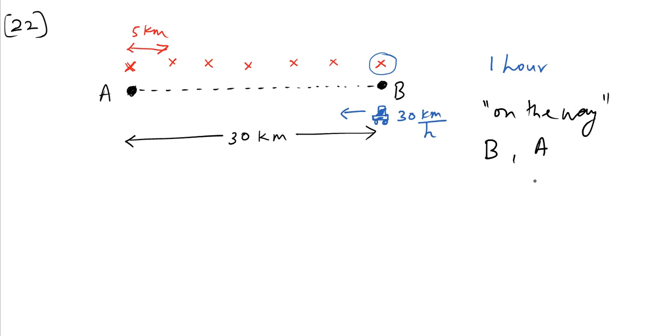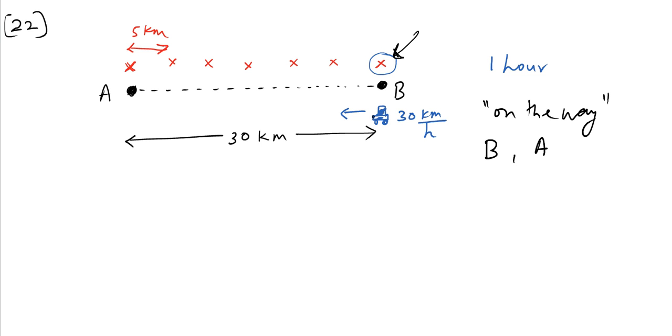It is only those cyclists who he meets on the road which have to be counted. So for example, in this picture, this particular cyclist who is just reaching B at the moment the motor car leaves B, you have to ignore this cyclist.